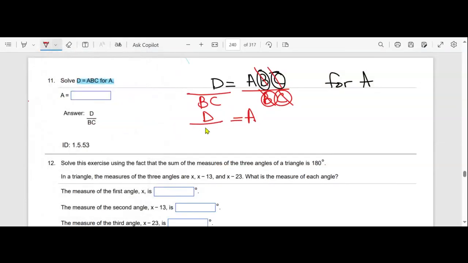A equal D over B times C. That's your final answer. So you read the answer here. Move on.